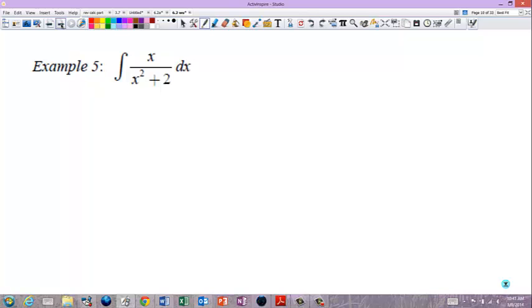Here's another one. If I recognize that x is the derivative of x squared, because if you take the derivative of x squared, you actually get 2x, but we can account for the constant. If I let my u be x squared plus 2, okay, my du is 2x dx. Well, right now I have du here, and I have u on the bottom. So I need to get rid of this 2.